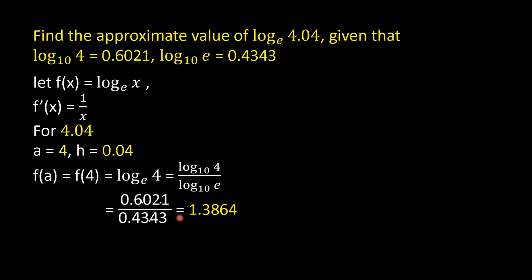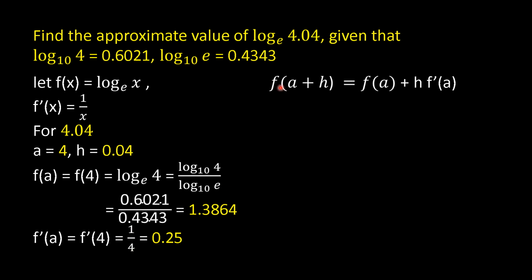So this gives us f of 4 equals 1.3864. Now f dash a will be f dash 4 replacing a by 4. It will be 1 divided by 4 replacing x by 4. It will be 0.25.